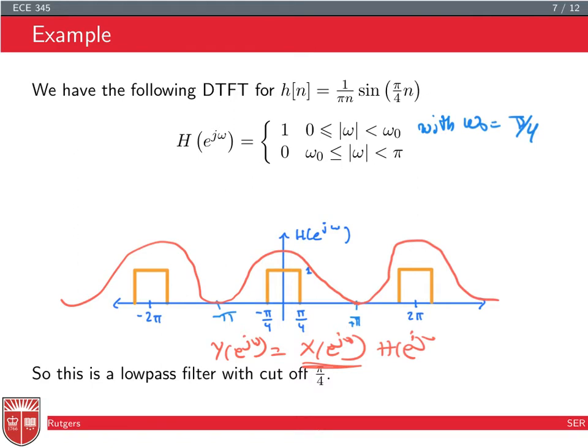So what remains is this part here of the signal. So only the low frequencies of the signal are going to survive, and then it's going to get zeroed out here. I don't know if you can see the green signal. Again, it's repeated here, so this part is going to survive. Only the low pass frequencies are going to survive, and this is why this is a low pass filter.